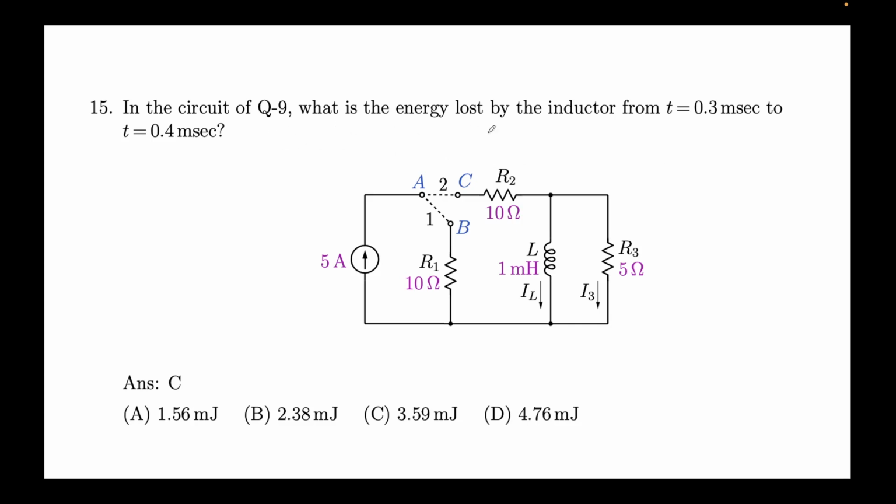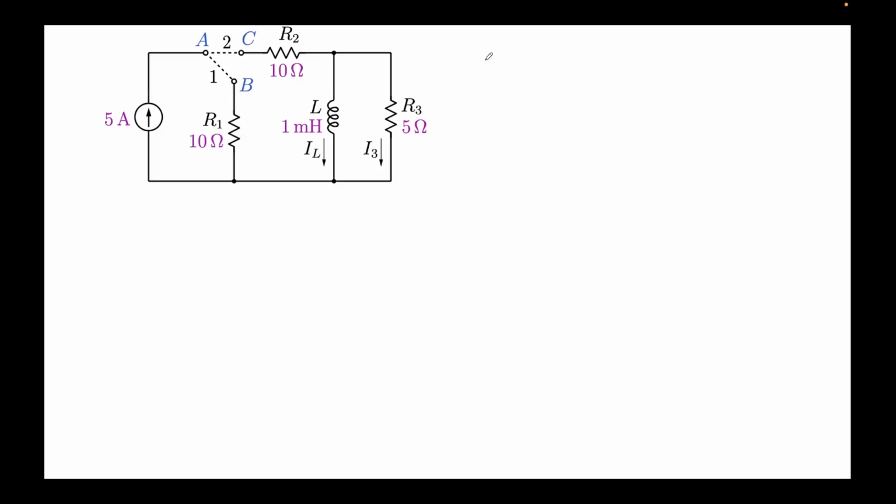In the circuit of Q9, what is the energy lost by the inductor from t equal to 0.3 millisecond to t equal to 0.4 millisecond? Okay, so we are interested in finding the energy lost during this interval. It's simple to do.